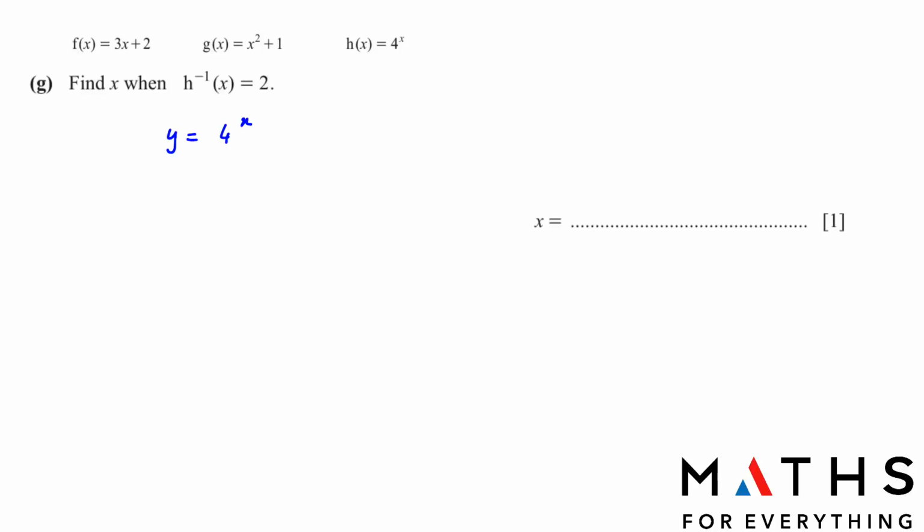We replace the x and the y, correct? After this step, whatever your inverse is equal to, it is equal to 2. Replace the y with that number. So x is equal to 16. This question comes quite often, so just remember this method.